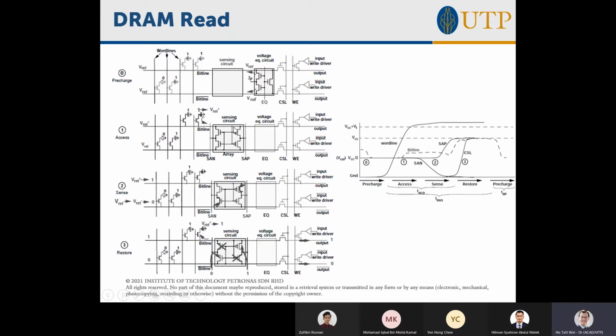The inverse will happen. So what I'm trying to explain is there is a positive feedback: a small difference in the bit line voltage is enough to rapidly tip the voltage here to logic 1, logic 0. Once in logic 1, logic 0, you have the value at your output already.